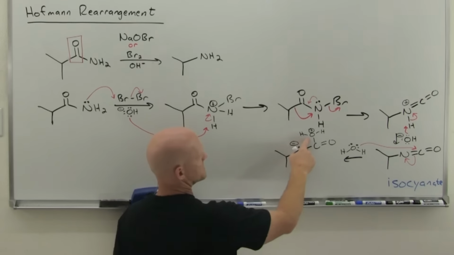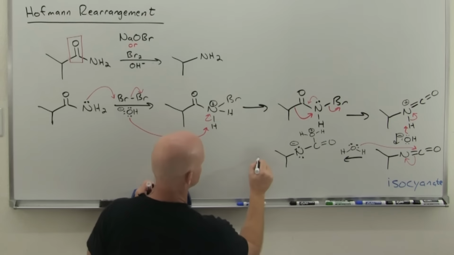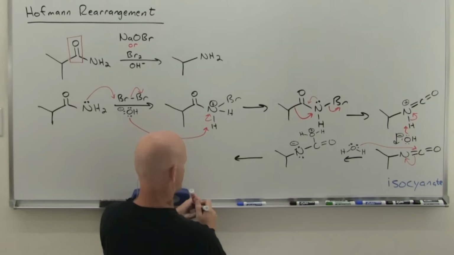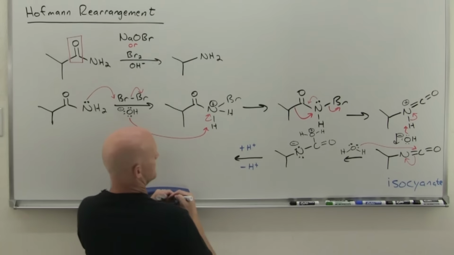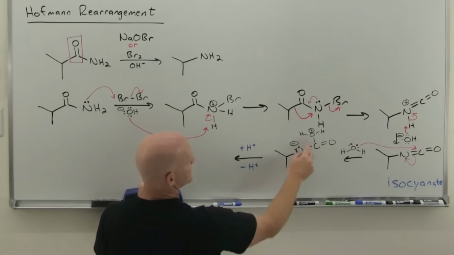So you've got a positive formal charge on the oxygen and a negative formal charge on the nitrogen. Often the way we represent this is with a little proton transfer, and we say plus H plus, minus H plus. So you're going to protonate this nitrogen and deprotonate the oxygen.